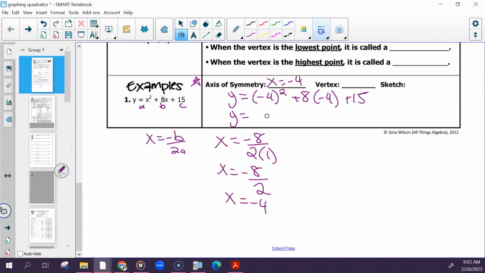Be careful with your negatives and your squares. The square should go outside the parentheses, so this becomes positive 16 minus 32 plus 15. What would all of that be? I should probably have my calculator out too.